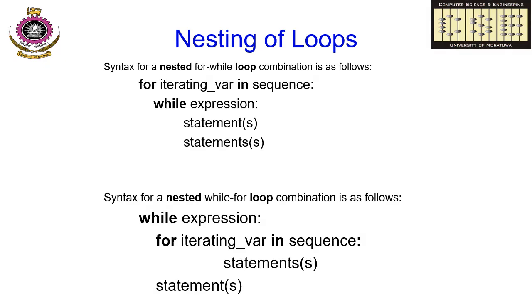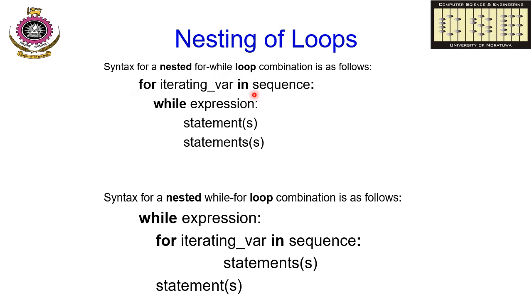Another important concept when it comes to looping is nesting of loops. In other words, a loop within a loop, a loop inside a loop. This is called a nested loop. In this example, this is a nested for while loop, a combination of a for loop and a while loop.